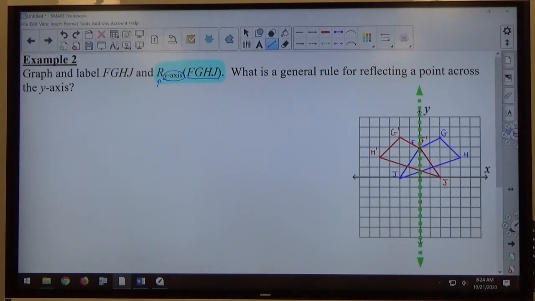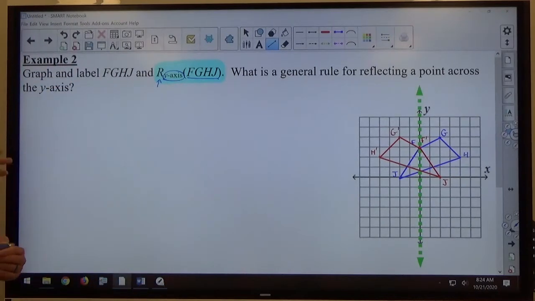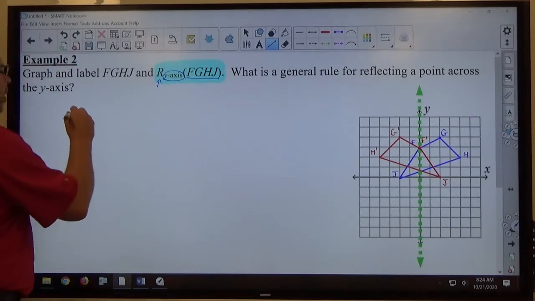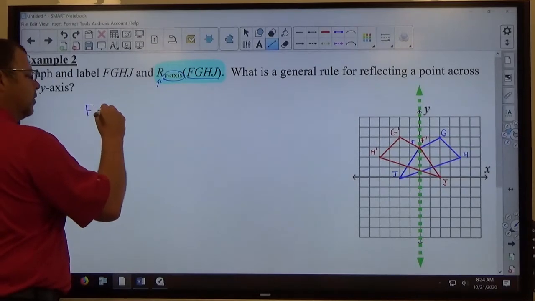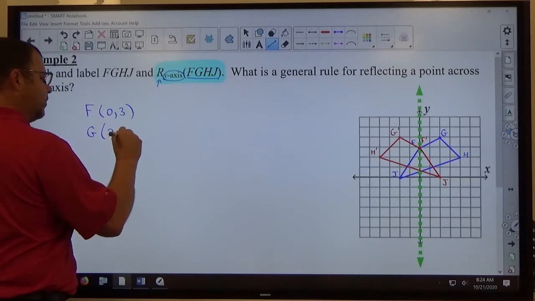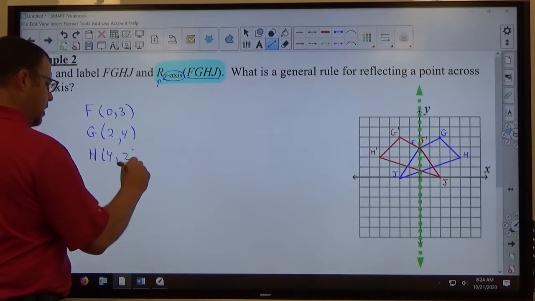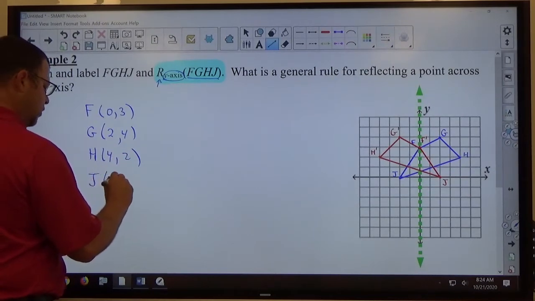Again, since the mirror cut right through the object, some of the reflections are on one side, some on the other side. If we compare the points again between the pre-image and the image, our original points were F was 0, 3, G was 2, 4, H was 4, 2, and J was negative 2, 0.